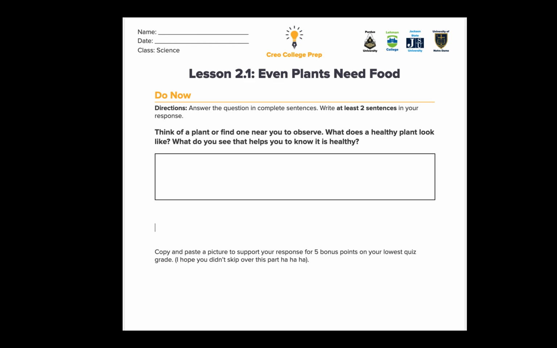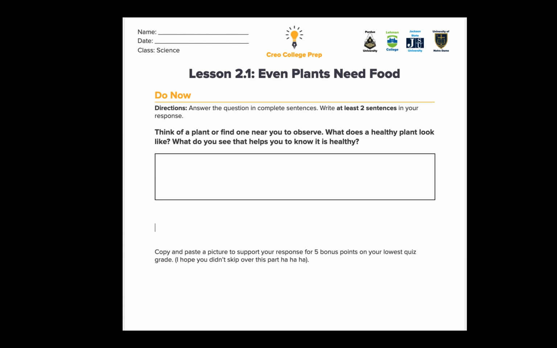It looks like Miss Bell made an error here in her question. The question should read, what do you see on the plant that lets you know that it's healthy? Tell me, what is it that you see? Is it the color of the plant?